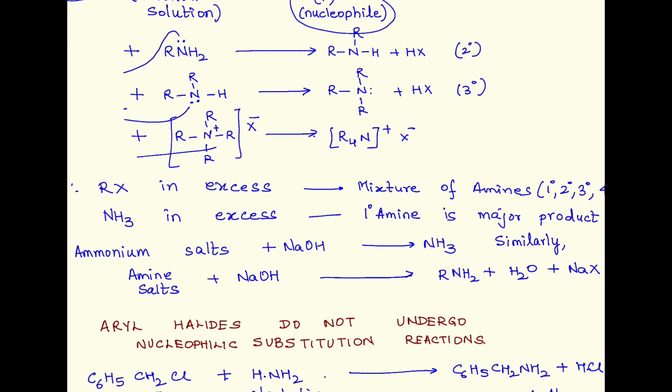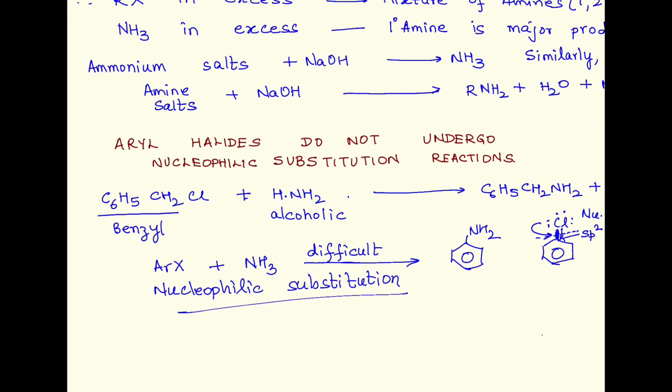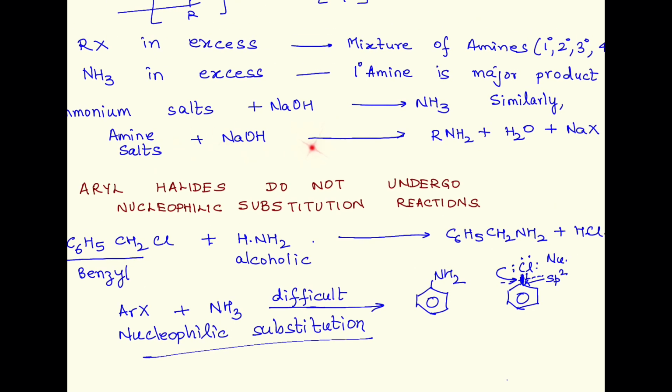Isn't it interesting? If you have the haloalkane in excess, you will get a mixture of amines, whereas if you have ammonia in excess, you will have the 1 degree amine as your major product. Interestingly here, ammonium salts, on reacting with an alkali, give you ammonia. Same way, the amine salts that you are forming over here will react with NaOH to liberate the corresponding amine.